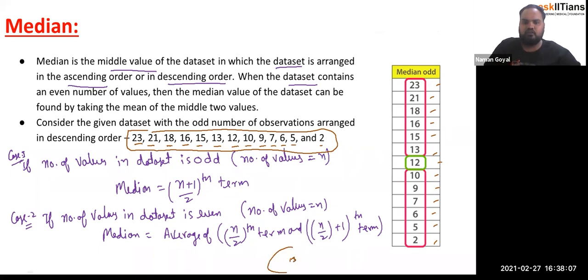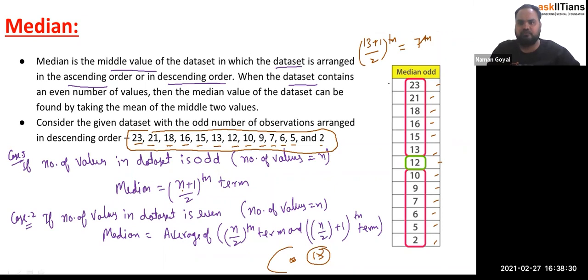As I told you, if the number of terms is odd, then the median is the 13 plus 1 upon 2th term. So how much is it? The 7th term. So for this data, the 7th term is our median.